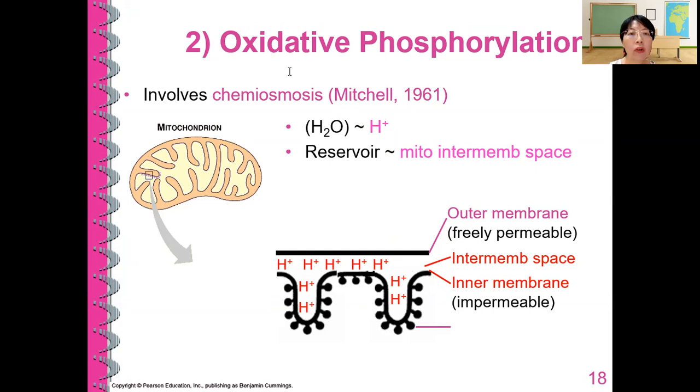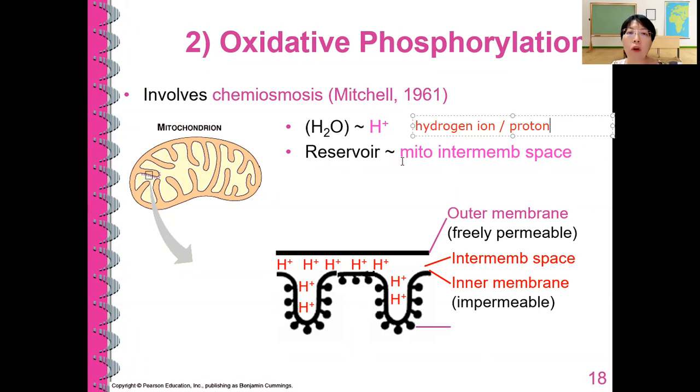Now the H+ ion here, I can call it a hydrogen ion or proton. In words, I call this hydrogen ion or proton, or you write in symbol form, H+. Why is it called proton? Because it's positively charged.